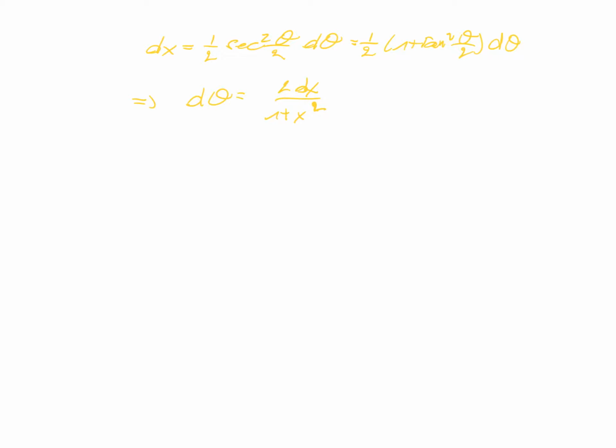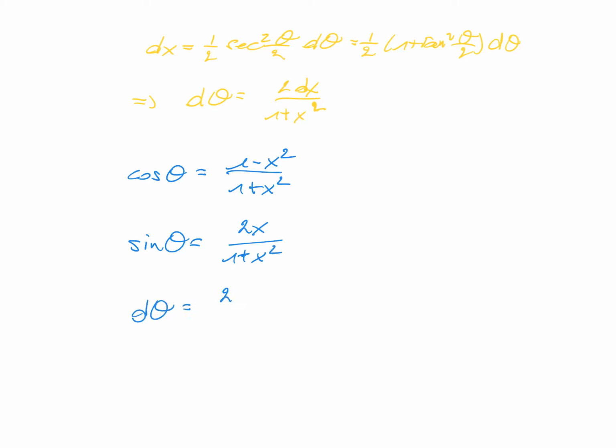So the substitutions that we need are cosine of theta is equal to 1 minus x squared over 1 plus x squared. Sine of theta, this is 2x divided by 1 plus x squared. And then also d theta is 2 times dx divided by 1 plus x squared.